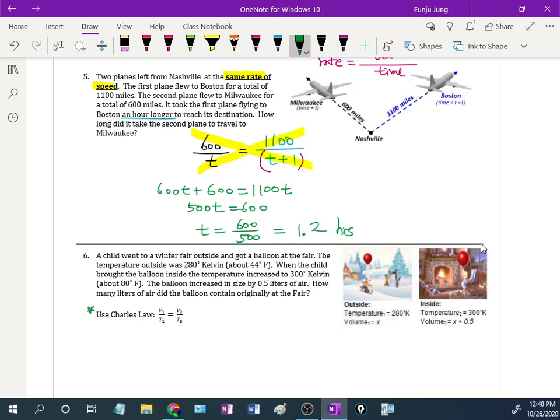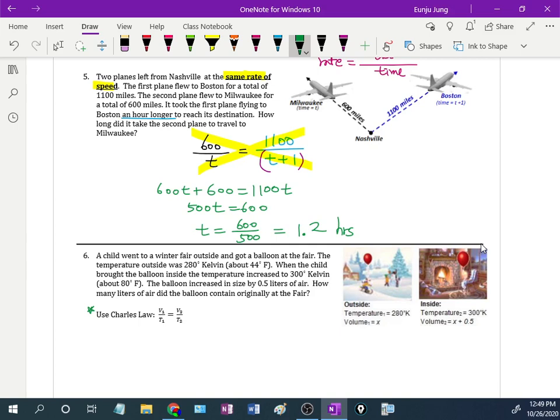Okay, and then the balloon will increase in size because of the temperature inside. So it is 0.5 liter of air more. So we will find how much air was there inside from outside. So we are going to use this formula.